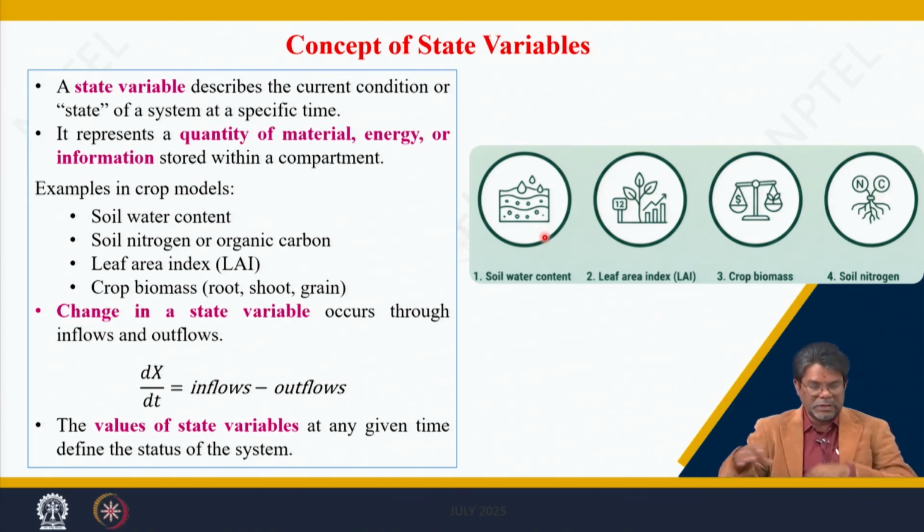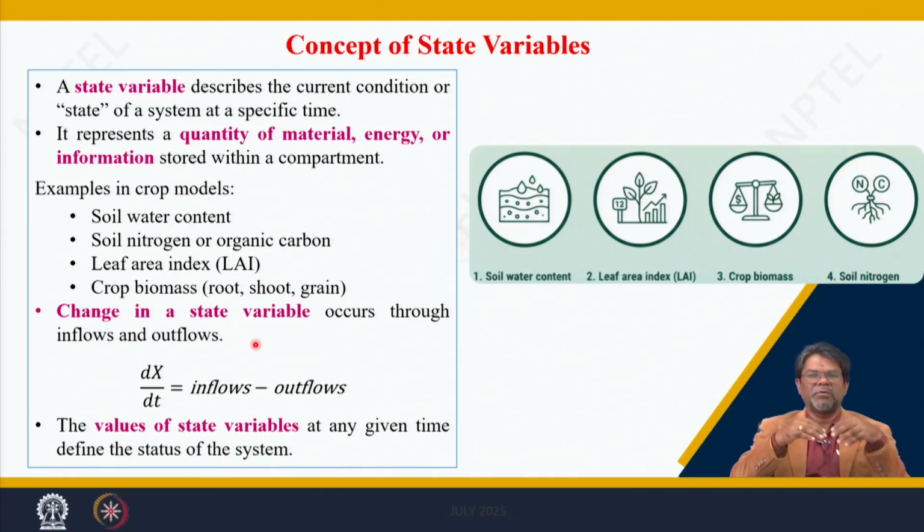These changes in a state variable occur through inflow and outflow. There is an inflow of carbohydrate, then an outflow of carbohydrate. Soil water content also has inflow and outflow. Inflow is rainfall or irrigation, which enters the soil through infiltration.